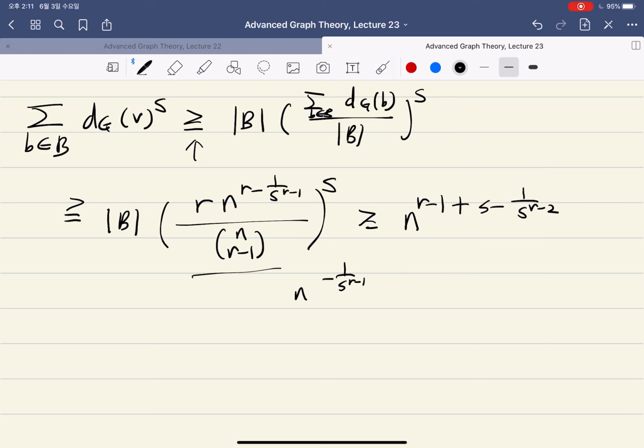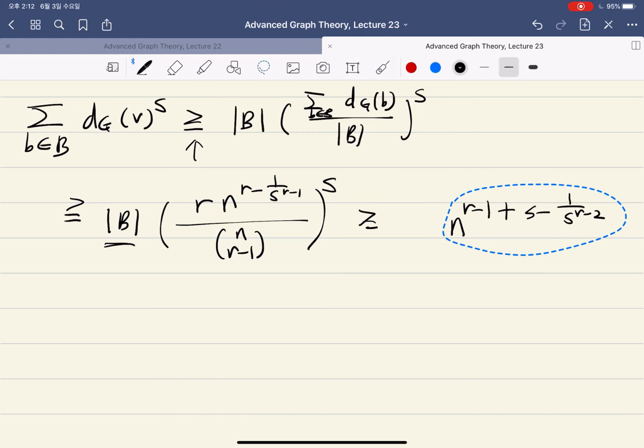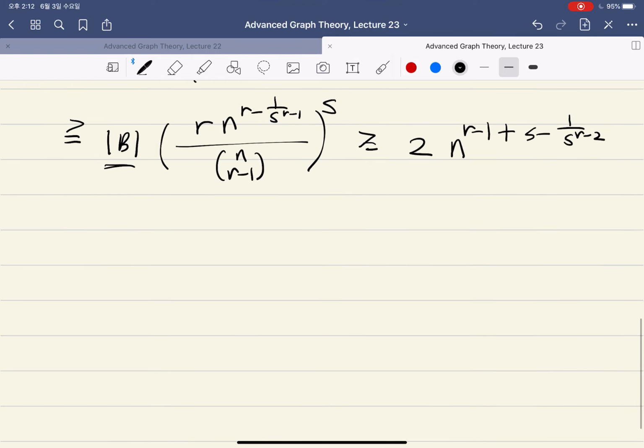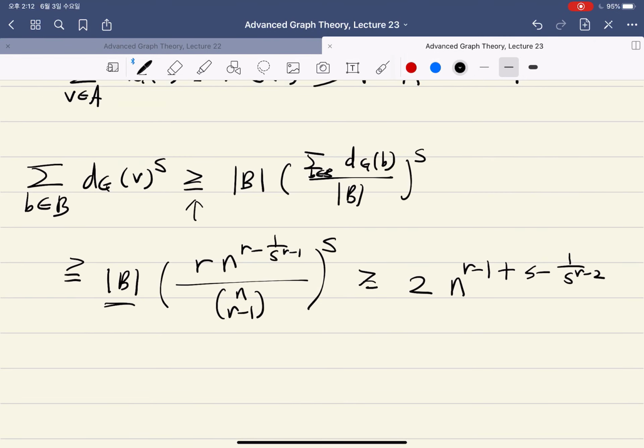So you get this, and you multiply by s. And B itself is roughly n to the r minus 1. So this is the upper bound. You also have to come up with the constant, but you can actually show that it's at least twice this. But what's the meaning of this?